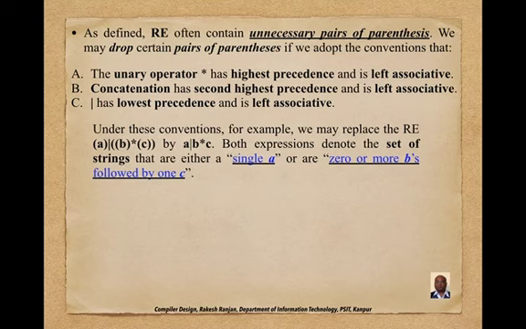This means that (a)|((b)*(c)) can be written as a|b*c. Both are the same. Both expressions denote the set of strings that are either a single a or zero or more b's followed by one c.